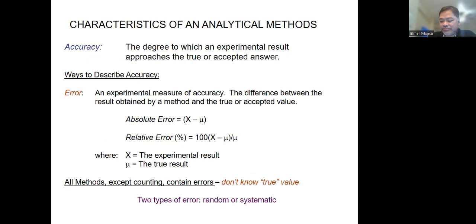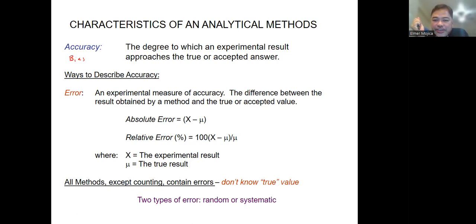And then accuracy or the bias, okay, it just tells us how close are the data to the true data. Okay, but the question is, how do you determine the true value? So maybe you can have, let's say, a standard. Okay, but if you have a sample, it is really hard to determine what's the true value.